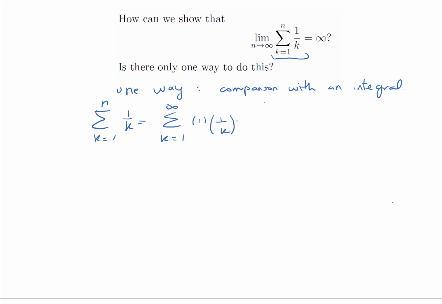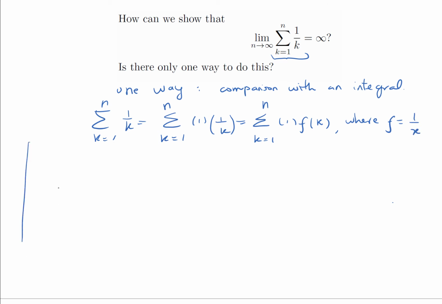And this is a Riemann sum. We are taking rectangles of width 1 and height given by the function evaluated at a point, and let's take the point k, where f is the function 1 over x.